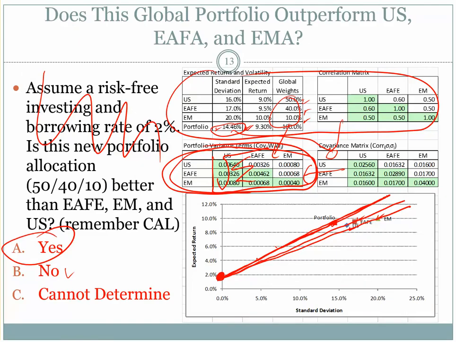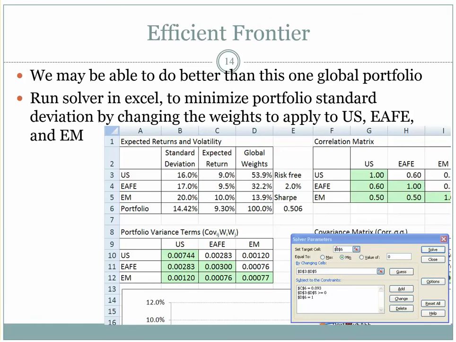However, we can see if we can do better than this 50-40-10, which gives us 9.30 mean and 14.46 standard deviation. And what I'll do is I'll use solver. In solver, I'll ask solver to minimize portfolio standard deviation by changing these three weights and set the mean equal to 9.3% and make sure the weights sum up to 100%.